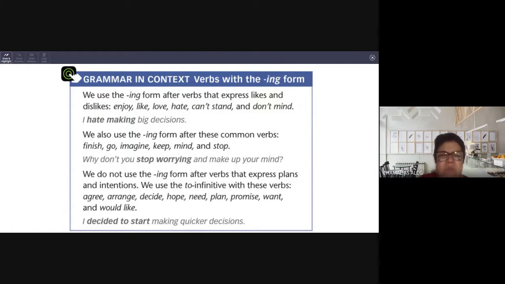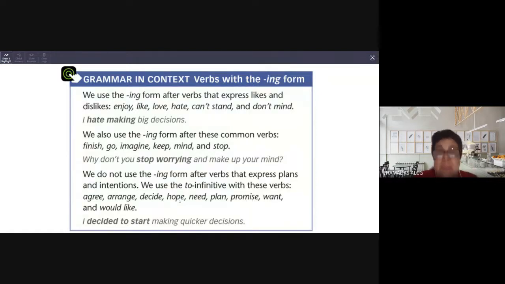Okay, stop worrying. We do not use the ing form or the ing suffix after verbs that express plans and intentions. We use the to infinitive with these verbs.